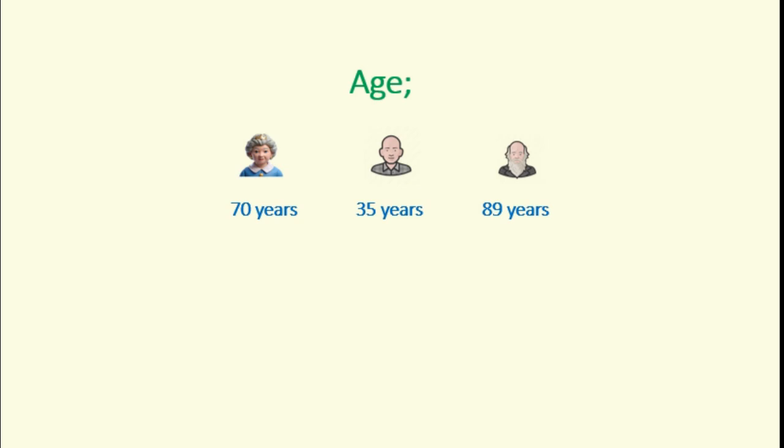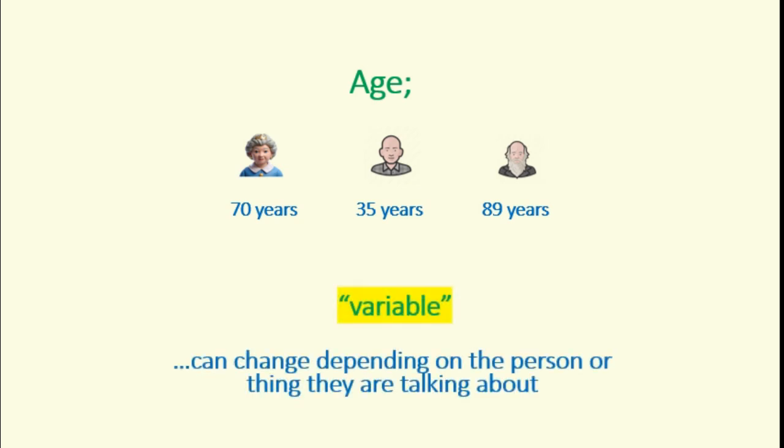Because age can be different for each person, we call it a variable. A variable is a kind of information that can change depending on the person or thing they are talking about. So in this example, age is a variable because it can be different for each person.